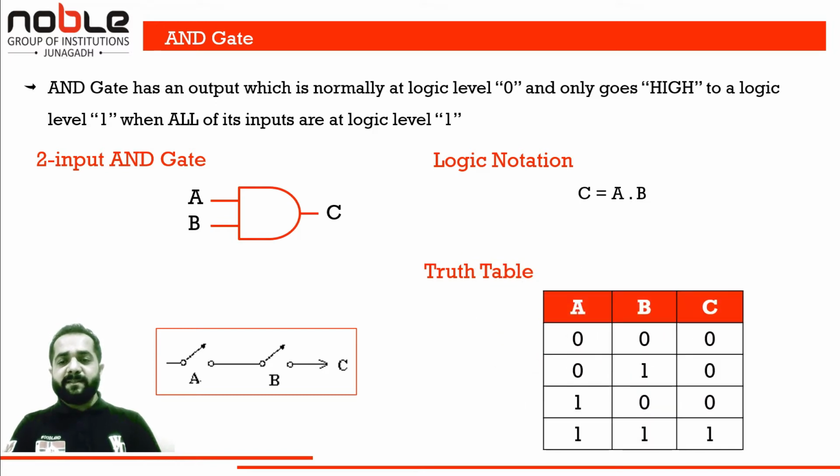In this, we can easily identify the four possibilities. The value of A is 0, 0, 1, 1 and the value of B is 0, 1, 0, 1. From the Boolean algebra, C is equal to 1 only when A and B are equal to 1.